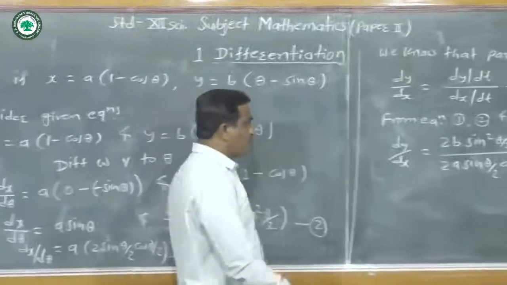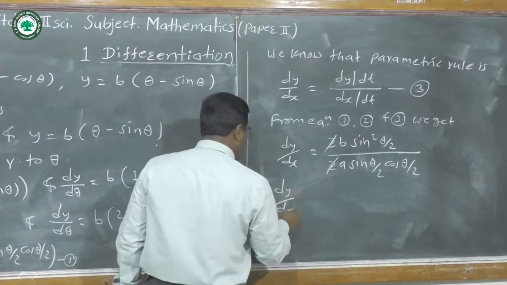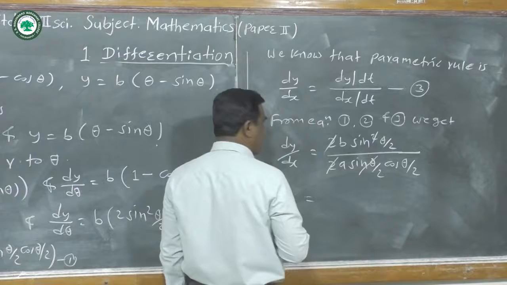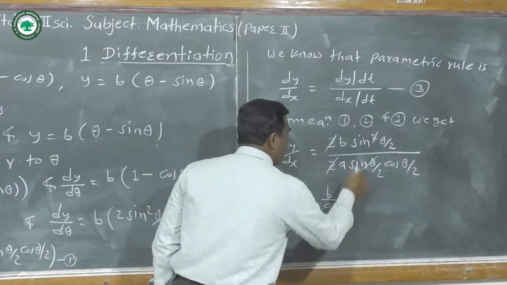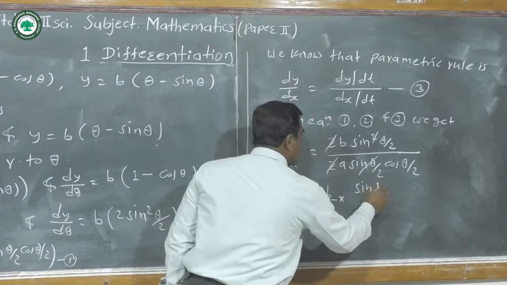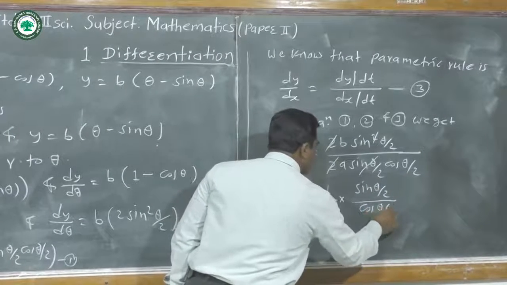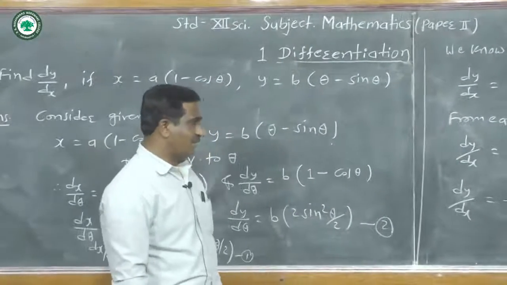Okay, now these two cancel out. Dy by dx is equal to, here sine theta by 2 cancels, remains only b upon a into sine theta by 2 upon this cos theta by 2. And we know that sine theta upon cos theta means tan theta.